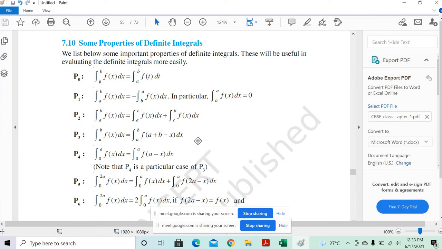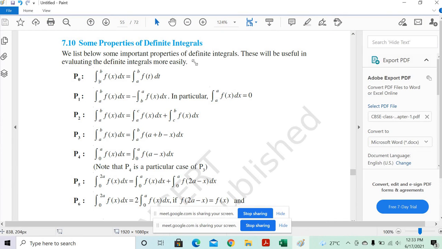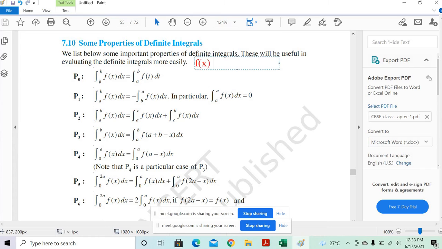It's simple. Let's say f of x is equal to x plus 5.